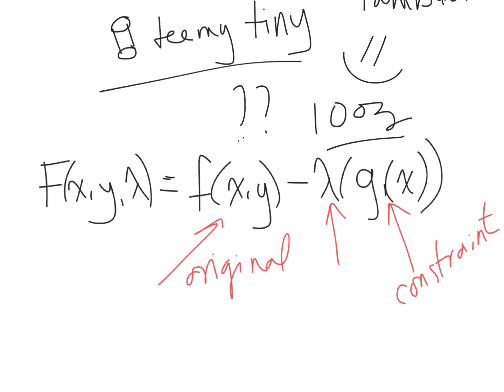Then we are able to expand the Lagrange multiplier with the constraint function, take first partial derivatives, and then solve for x and y. So that would determine what those values would be in order to find the extrema of the original function. Okay, it's very cool, and I think it's quite fun.